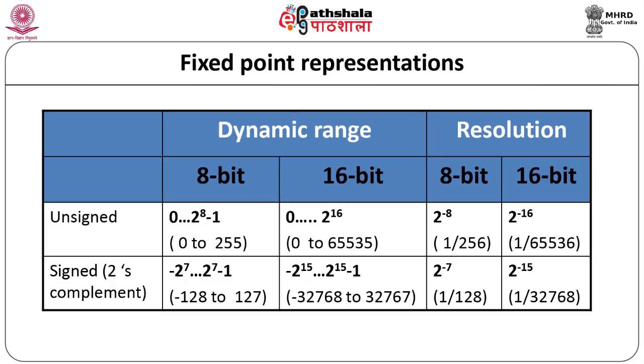The dynamic range for a 16-bit unsigned digital system is 0 to 2 raised to 16, that is 0 to 65,536, and for signed systems the dynamic range is -32768 to 32767. The resolution of an unsigned 8-bit system is 2 raised to -8, that is 1 upon 256.